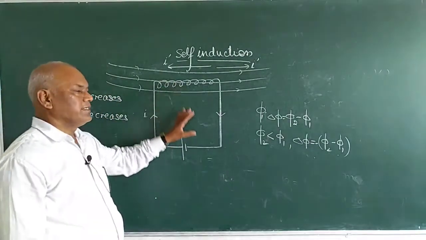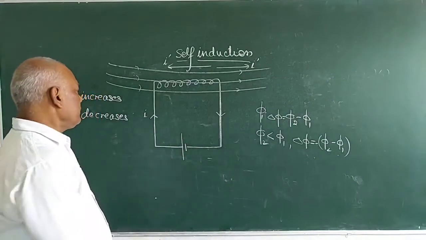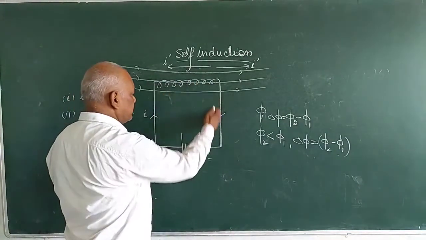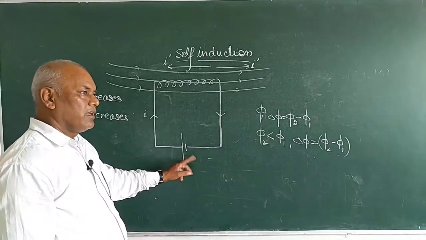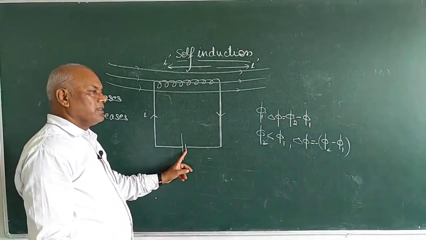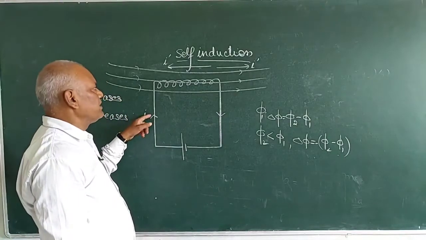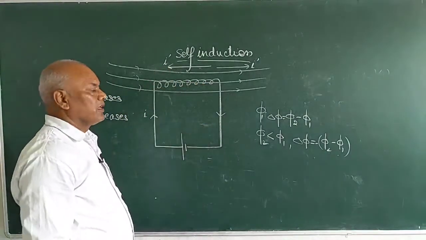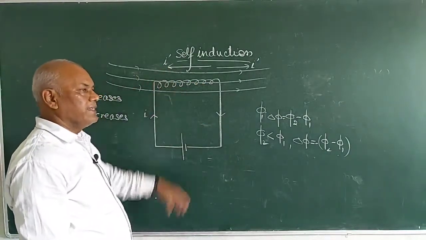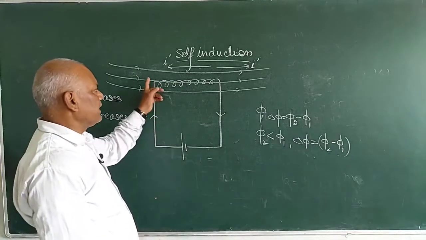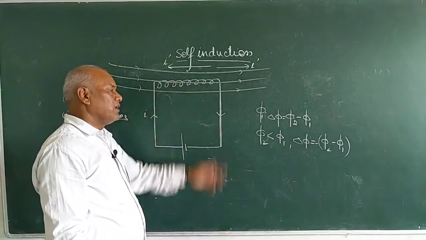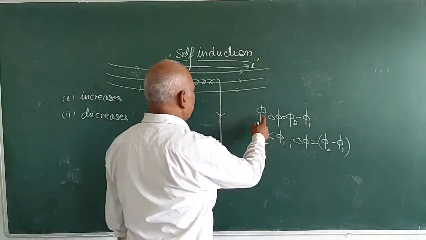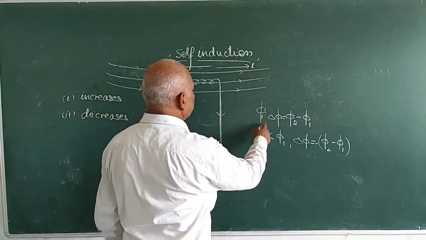Now, try to understand once again. Let us suppose this is a coil. This coil is attached to a cell, and we supply a steady current in this coil. Then a magnetic field arises around it. A certain number of magnetic field lines will pass through each turn of the coil. Therefore, the magnetic flux attached to each turn is phi 1.